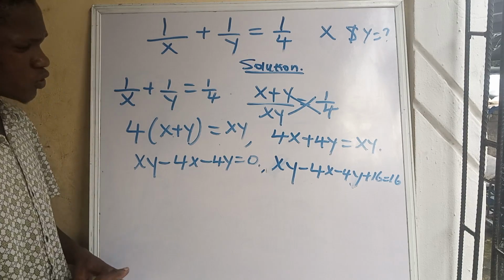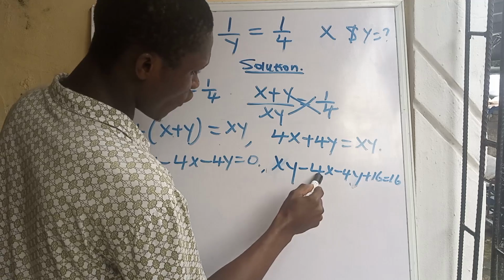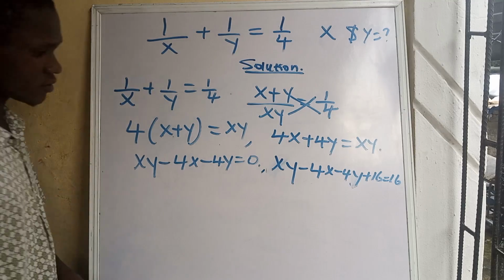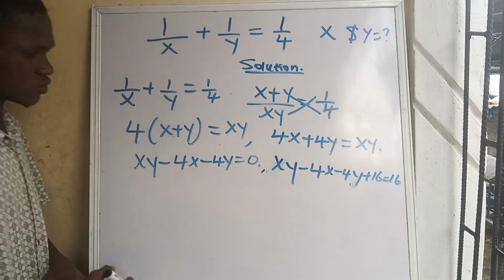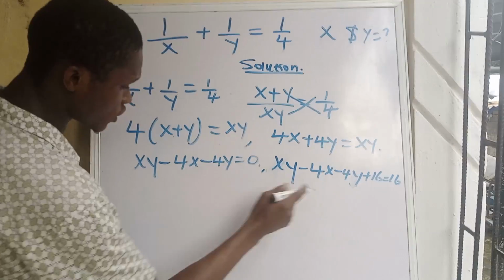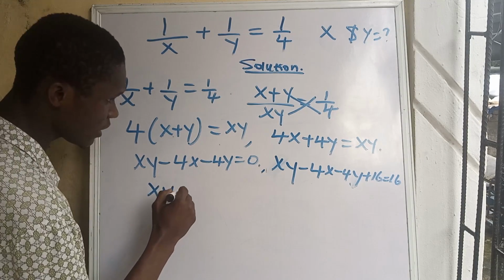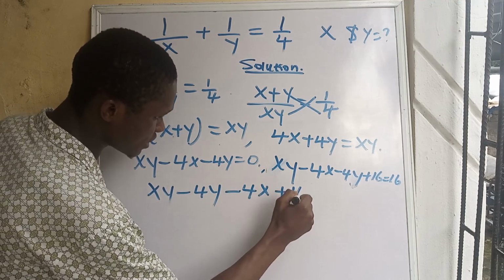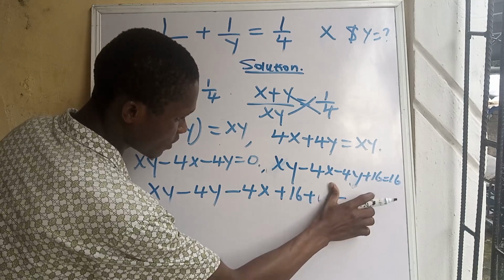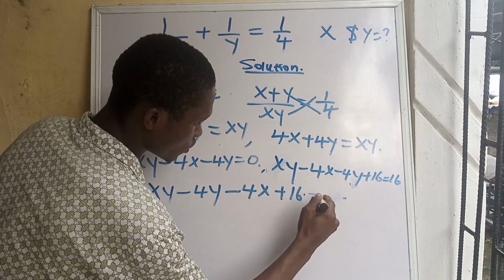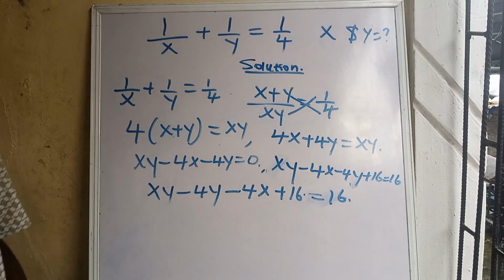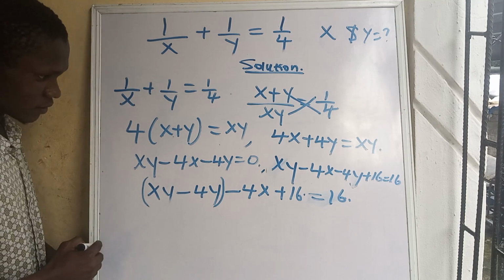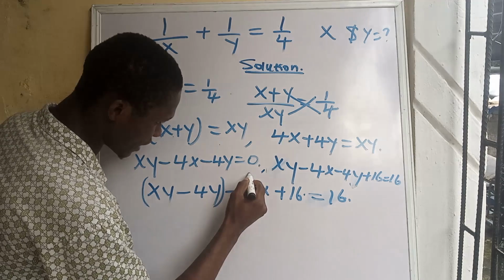What then are we going to do? We now have xy minus 4x minus 4y plus 16 is equal to 16. So we can simply rewrite the whole of this equation by putting a bracket here, then we can also put a bracket here.